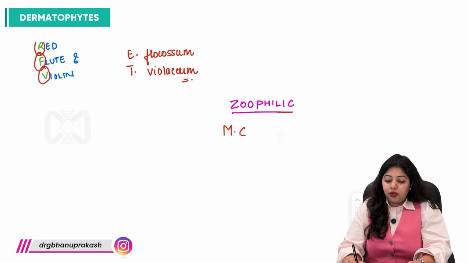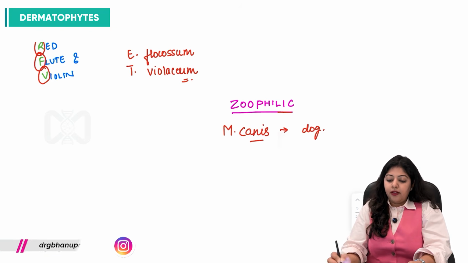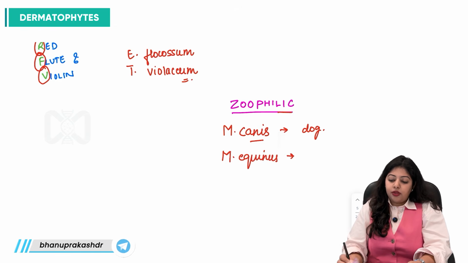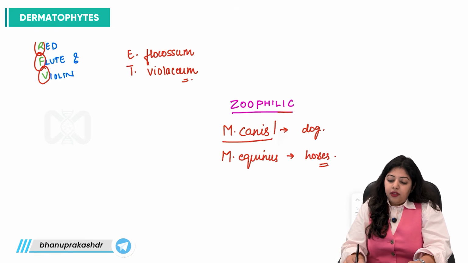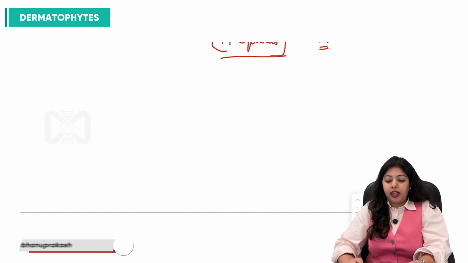One is Microsporum canis. Canis in general term stands for dog, whereas there's another species which is Microsporum equinum. Equine stands for horses, right? So we have zoophilic species, two most important species which are Microsporum canis and Microsporum equinum, right?